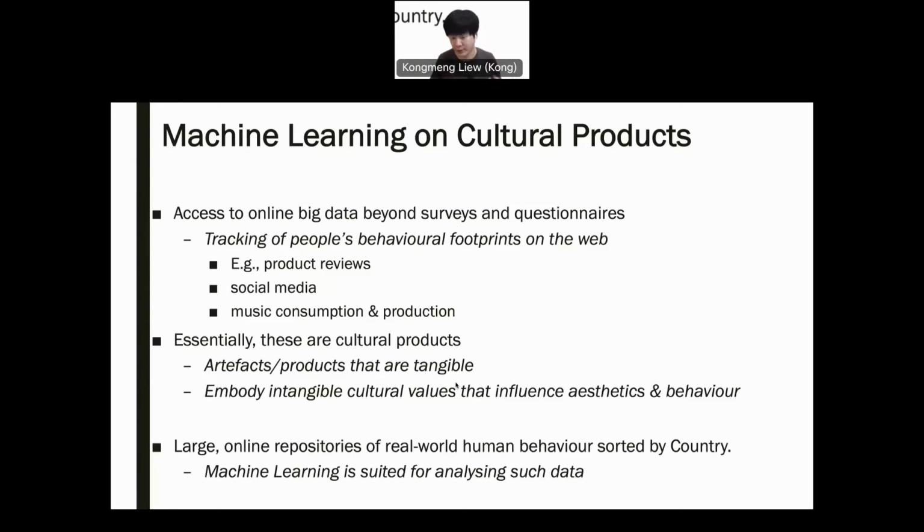Like you have product reviews, you have social media, and in this research you have music consumption and production. These online behaviors embody intangible cultural values because, being popular products, they influence aesthetics and behavior. And with web data, you have huge online repositories of these data.